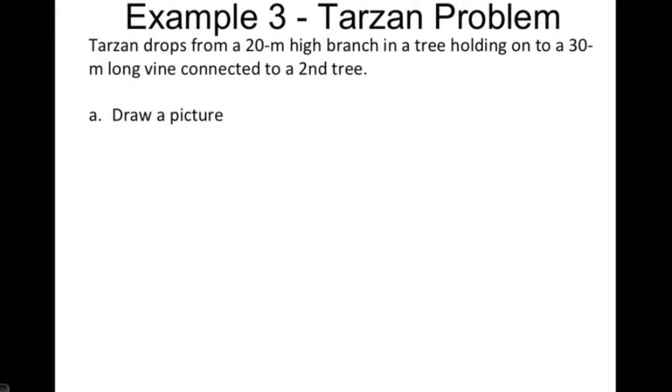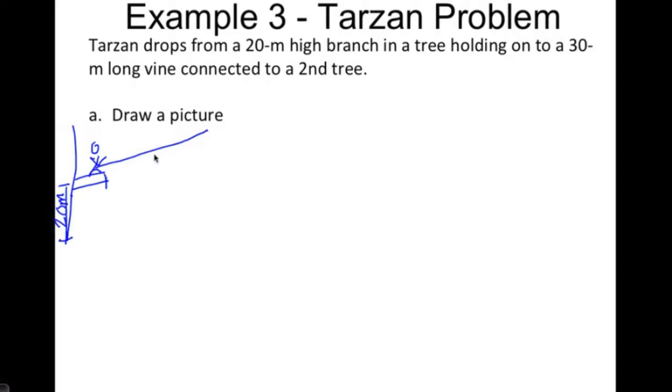Okay, so our picture, bear with me on my drawing. We have a tree with a branch that is 20 meters high. And here's Tarzan, holding onto a rope, which is connected to another branch.